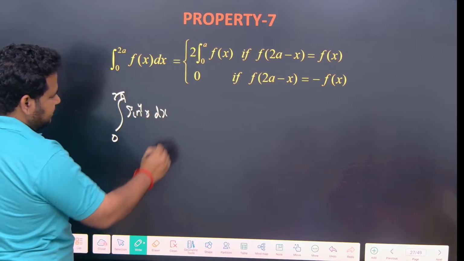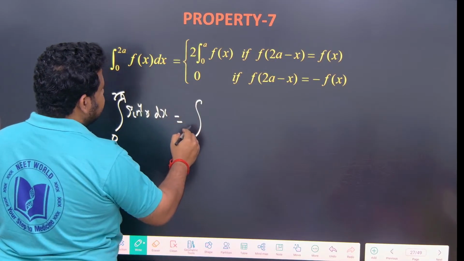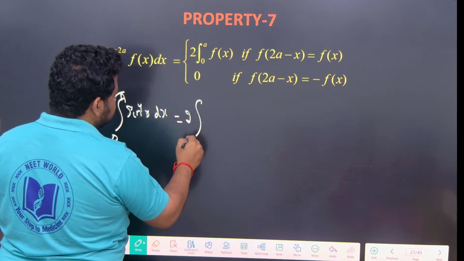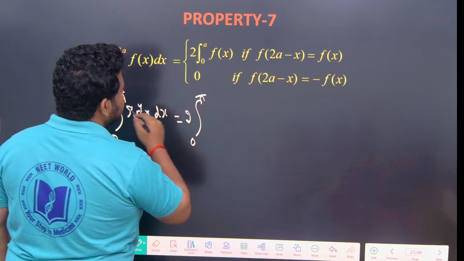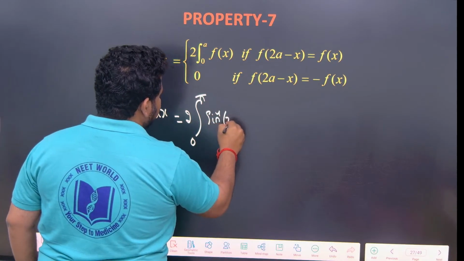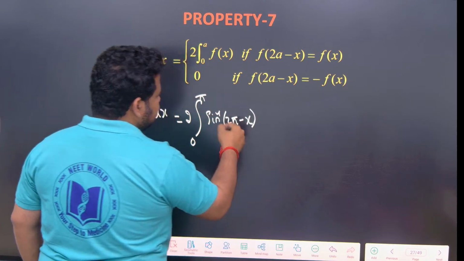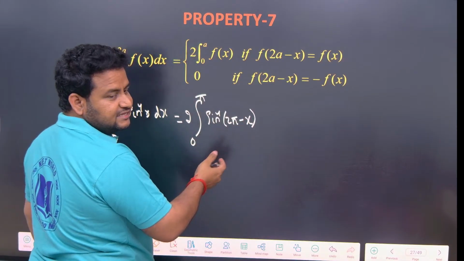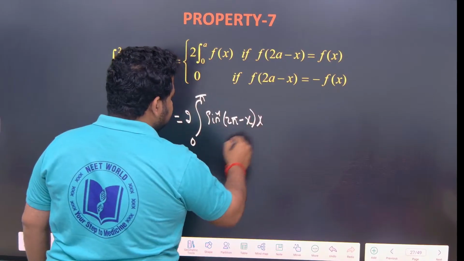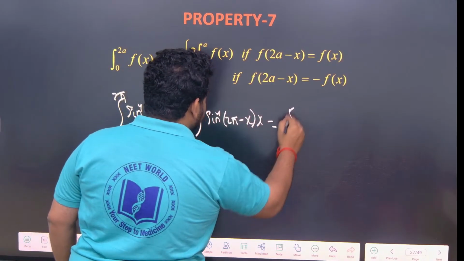I can take this as 2 times integral 0 to pi. Sin power 4 of 2 pi minus x: sin of 360 minus theta is minus sin theta, but here power 4 is there, so it will remain positive. So again I get the same function.